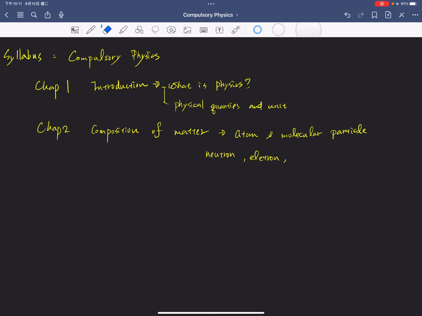I'm sorry, the protons. So all these elementary particles make up the models of atoms. And when we finish the composition of matter, we're talking about motions.